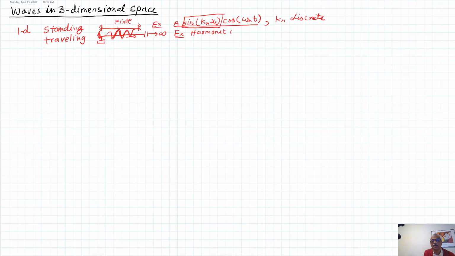and the harmonic wave looked like, say, A, some amplitude, cosine of k times x minus omega t, plus some kind of phase constant that tells me how I started at time 0, but k here is continuous.